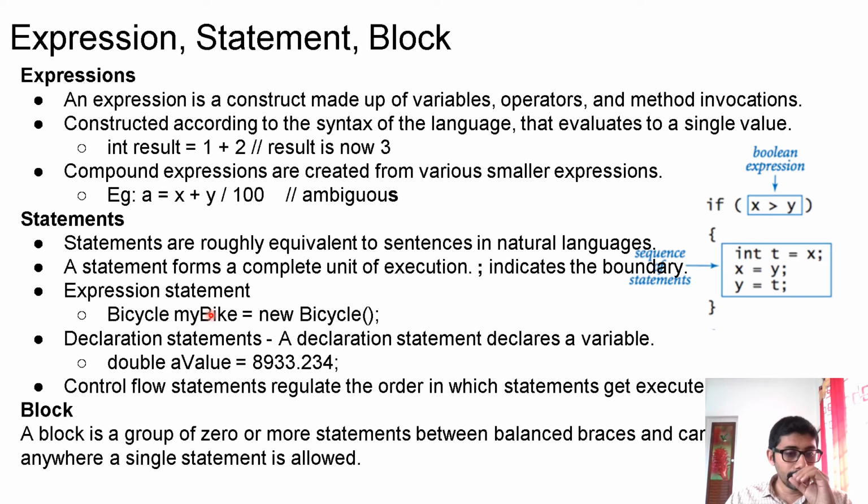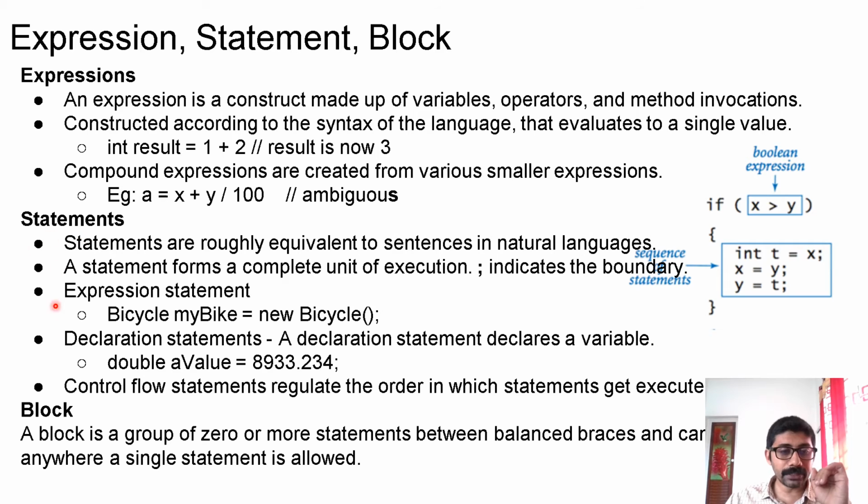There are three types of statements. Expression statement, for example Bicycle myBike equal to new Bicycle. Declaration statement: a declaration statement declares a variable, for example double variable equal to a value. Then control flow statement. Control flow statements regulate the order in which statements are executed.